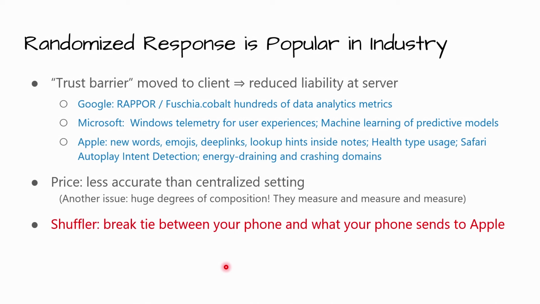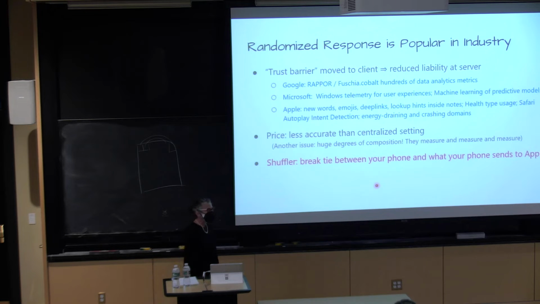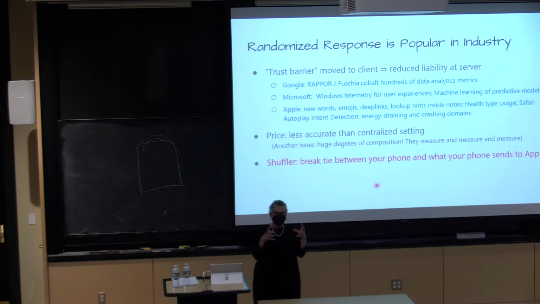So the idea of the shuffler is, I think currently it's just an idea. I don't know that this is being implemented. But imagine that when people submit their various randomized responses, and randomized response is much more general than just counting queries, we're not going into all the things you can do with it, imagine that somewhere in the network was a trustworthy and trusted component that just shook all of the pieces and permuted them randomly, so that it was completely unknown which randomized response came from whom.